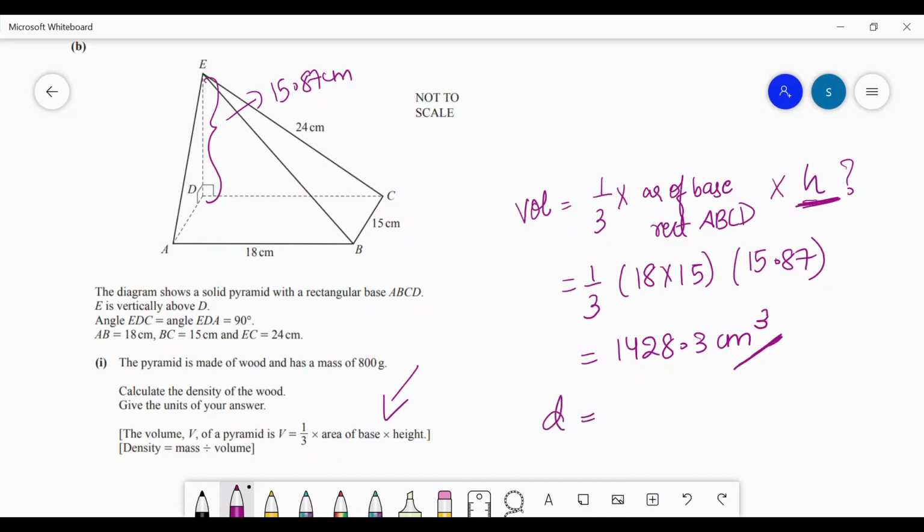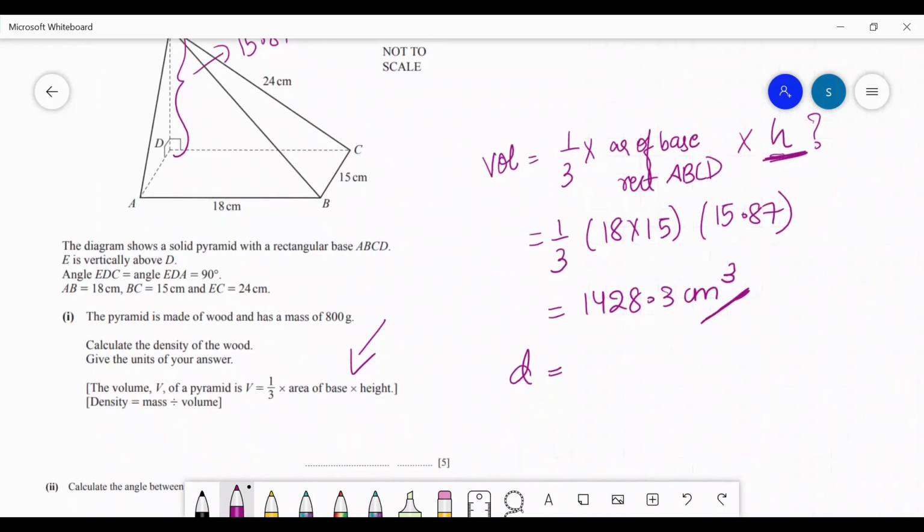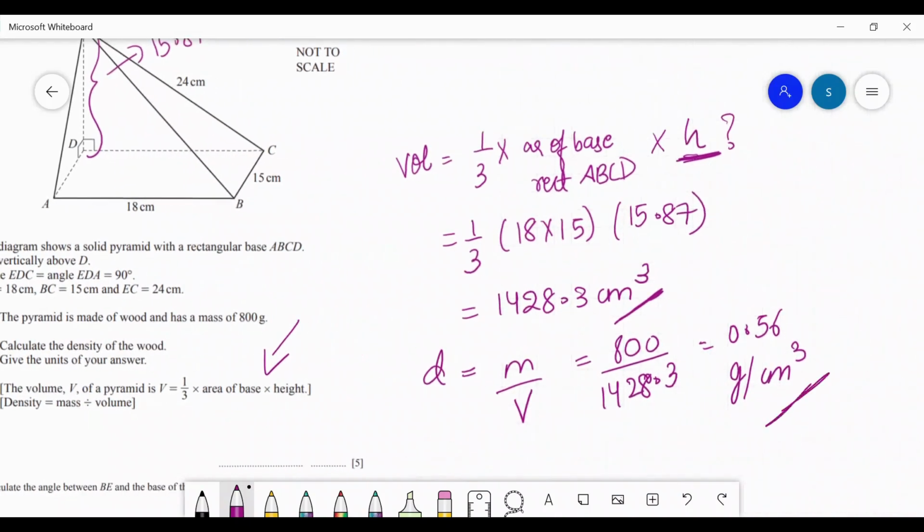Next we have density. We have to find the density, so let's use the formula mass by volume. That would be 800 divided by 1428.3. This is 0.56 grams per centimeter cube. So that's the final answer.